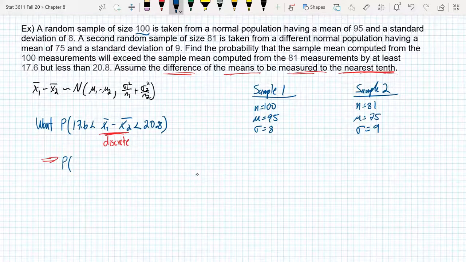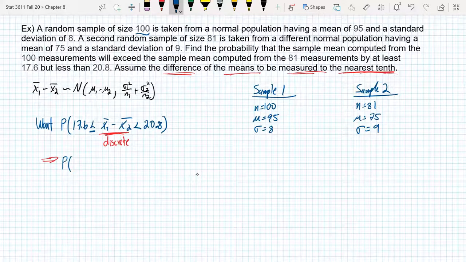It wants at least 17.6, so that should be inclusive, but it is less than 20.8, which is strictly less than 20.8, not inclusive.